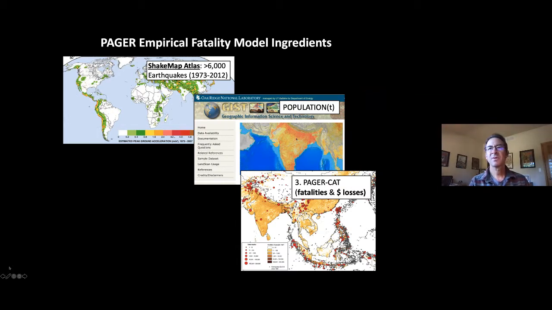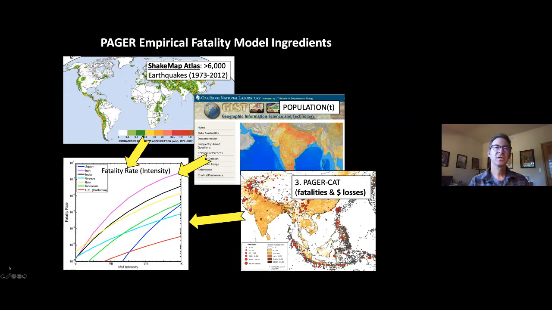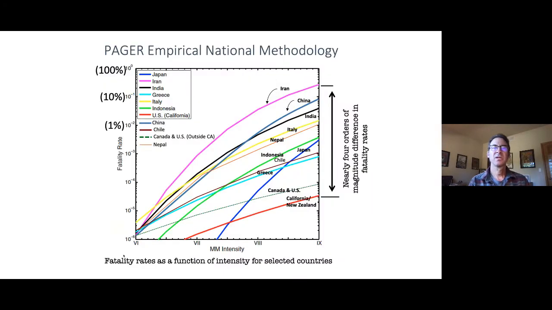We estimate the population at the time of the earthquake, and we know what the economic losses and fatalities are reported for each earthquake. So for each country, we can derive a formula for the fatality rate as a function of the seismic intensity from the shake map. And these vary from country to country significantly, and we're going to zoom in on that.